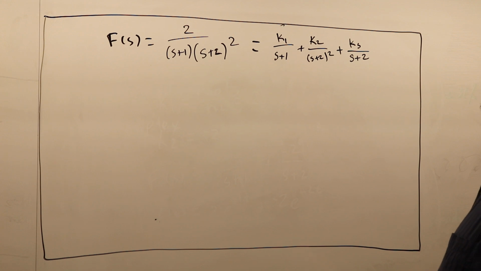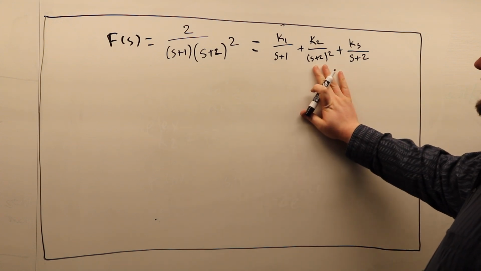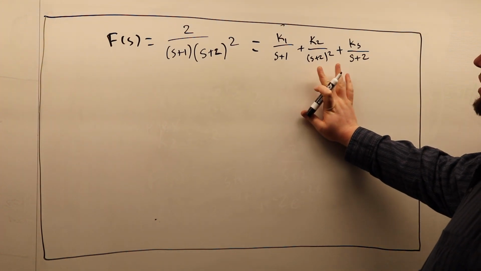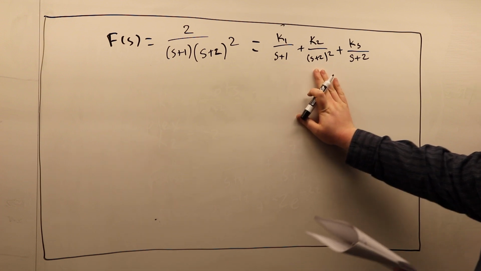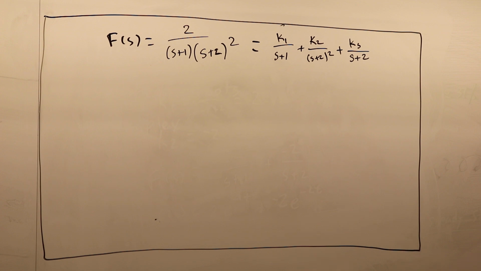So for the repeated root case, the assumed form is one repeated root residue term and one non-repeated root residue term.